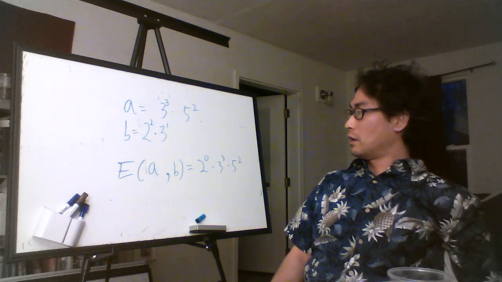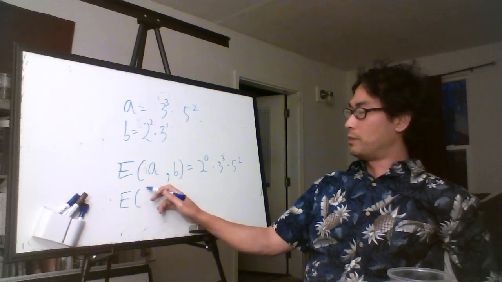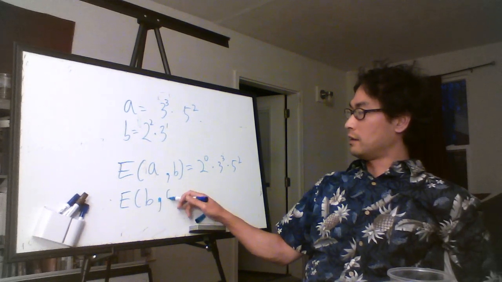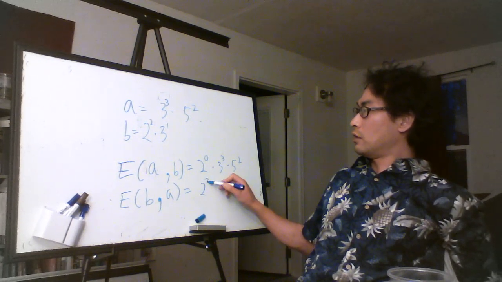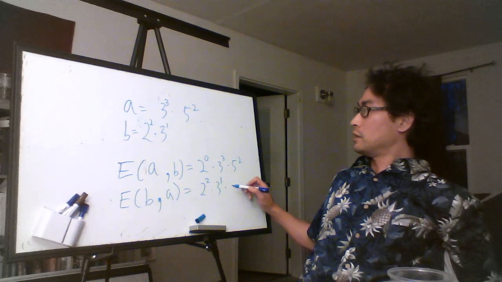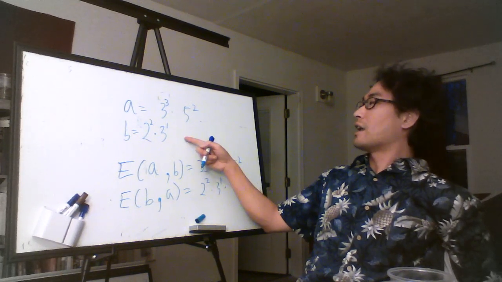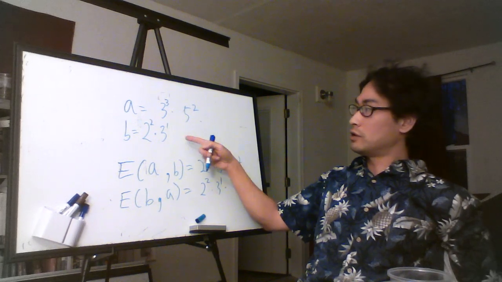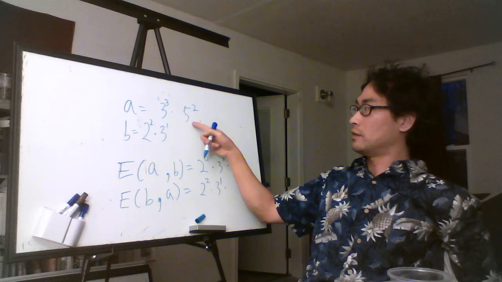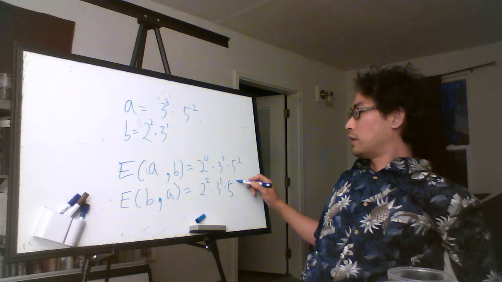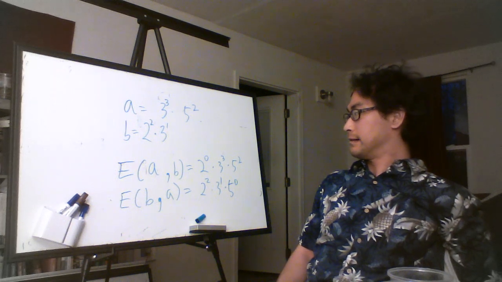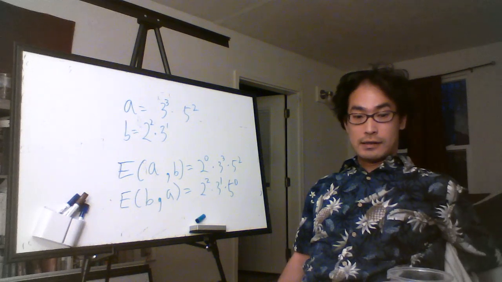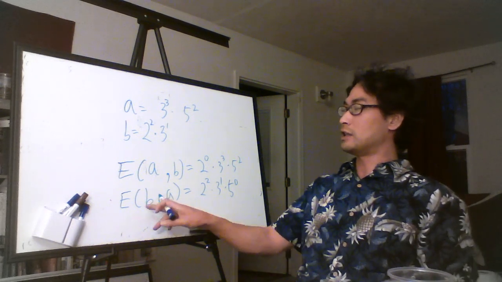Now the expansion of B toward A is defined as what? 2 to the second times 3 to the first times, what does B not have that A has? 5, right? So we expand and multiply by 5 to the 0th, which is 1. Yes, this is the expansion function.